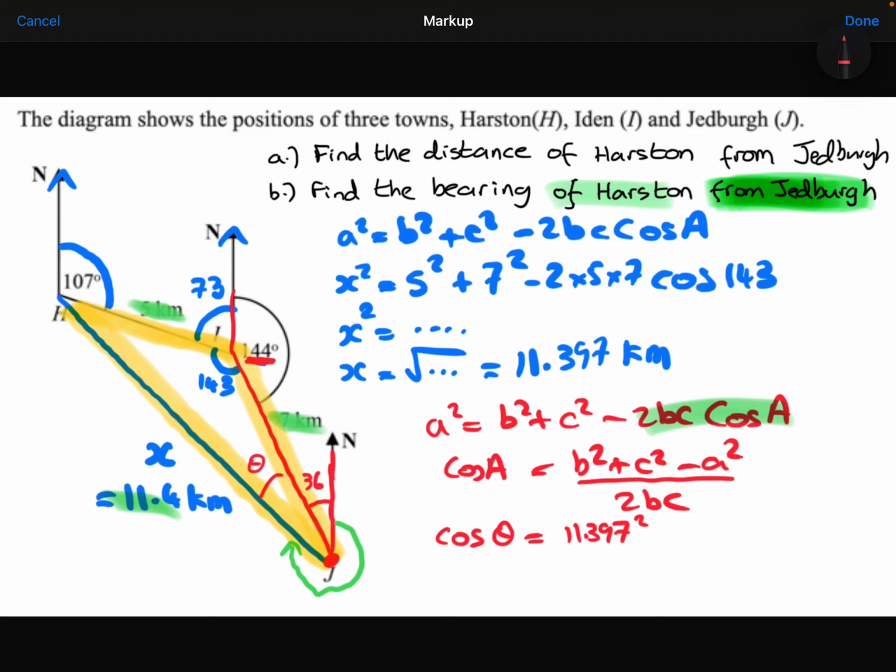Or even better, if you've still got the 11.397 in your calculator, you can just use answer squared. My c will be 7, and the crucial thing is that the a has to be the side that is opposite the angle that you're working out. So my a is 5. The b and the c don't matter, but the a has to be 5.